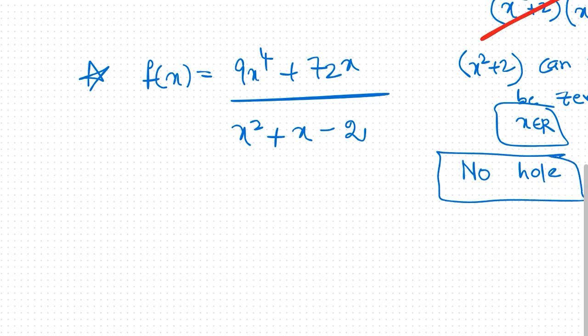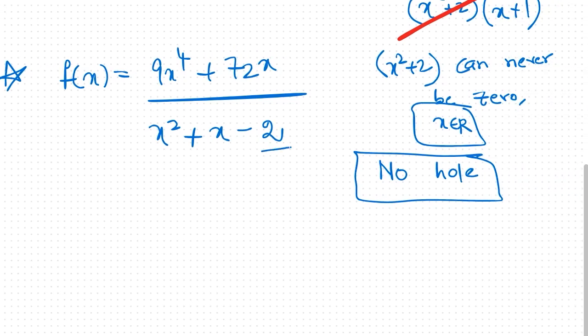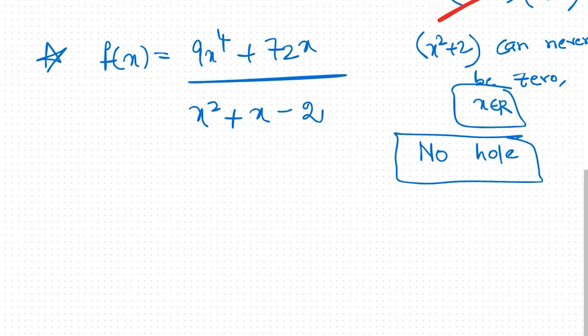Does that say x squared minus 2x plus 1 at the bottom? There's no hole?